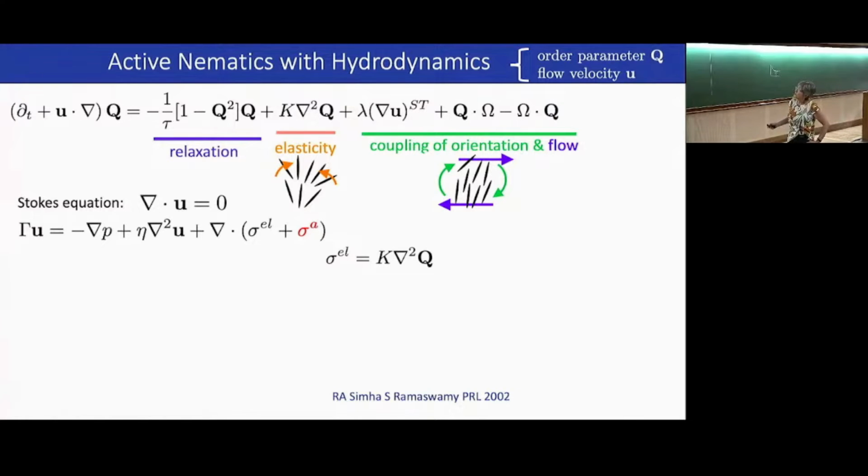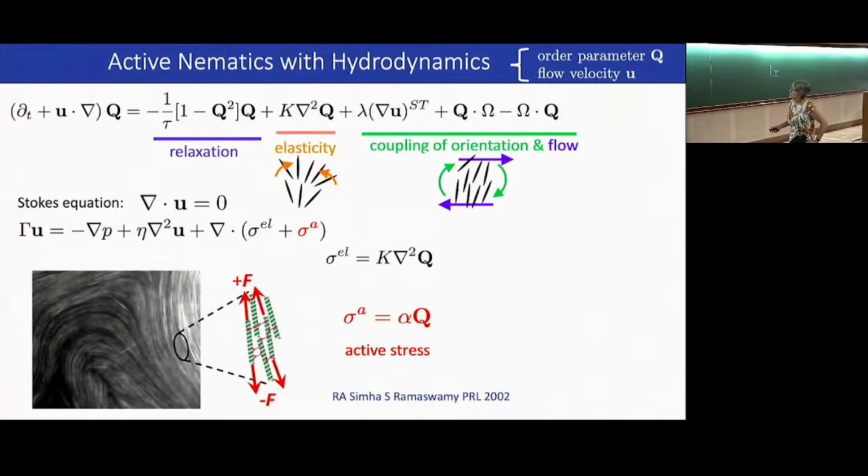We are in the Stokes limit, so we just write down the Stokes equation that balances friction with pressure gradient, viscous stresses, elastic stresses, and the active stress, which also was first proposed by Sriram back in 2002, which describes the density of, do I have a wrong sign? Or something, I don't know.